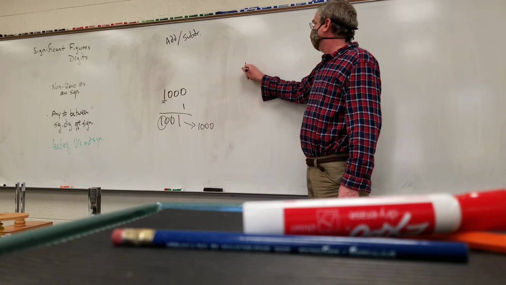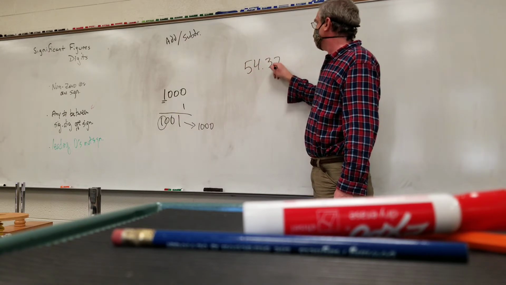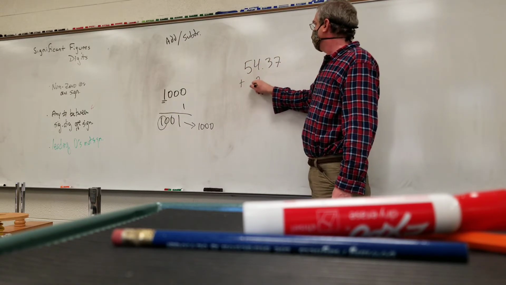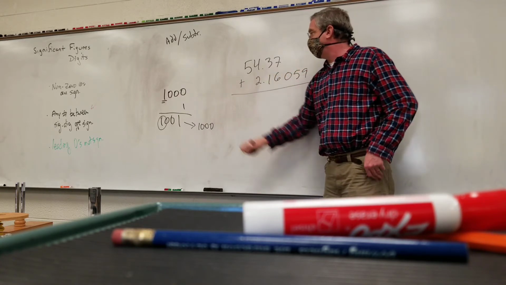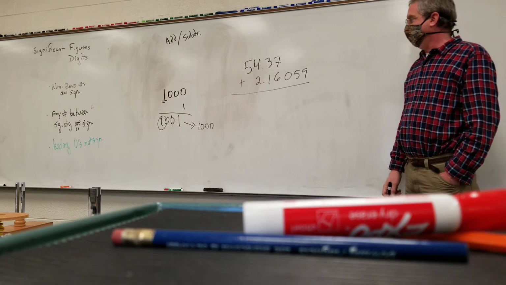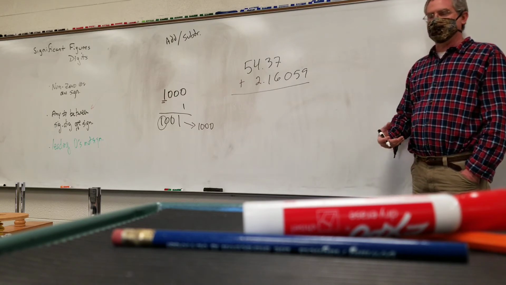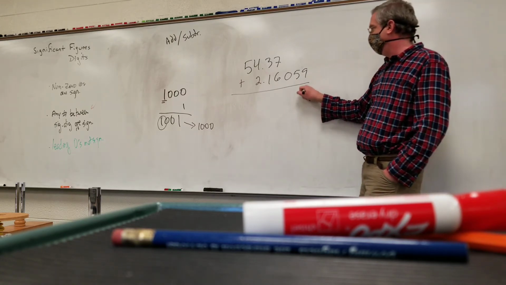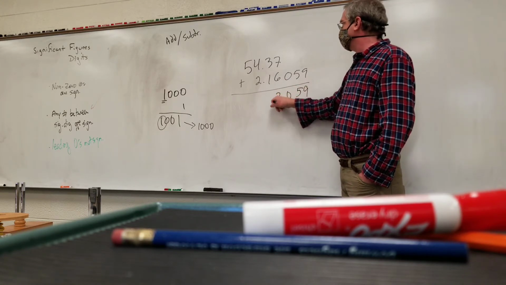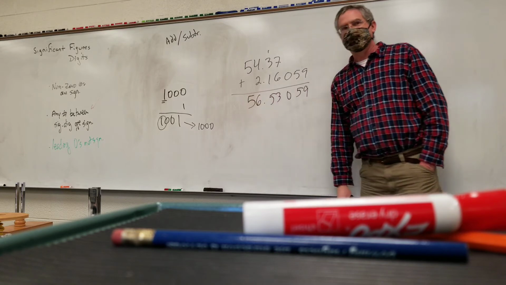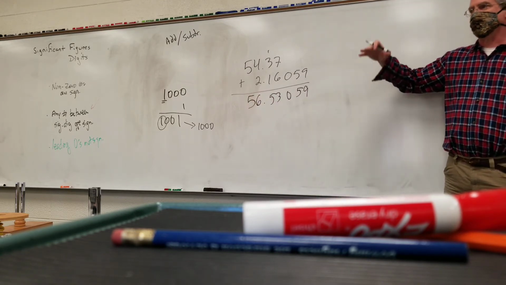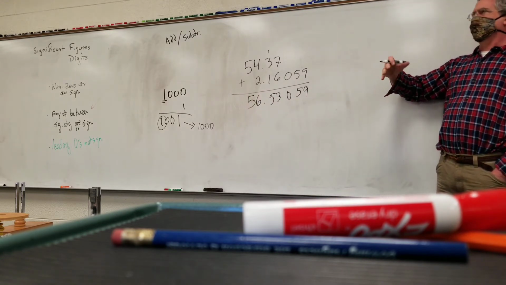So if I have 54.37 plus 2.16059, I add it straight up just the way they taught us in math class, carry the 1, decimal point, 56.53059. You do the math like normal.